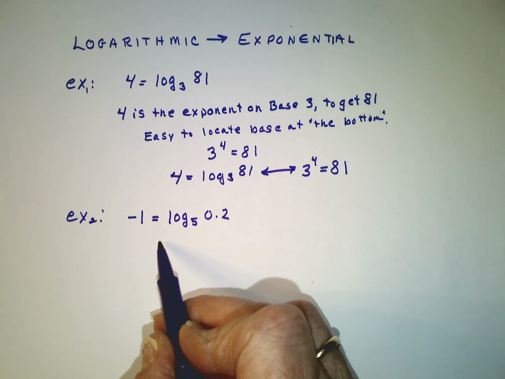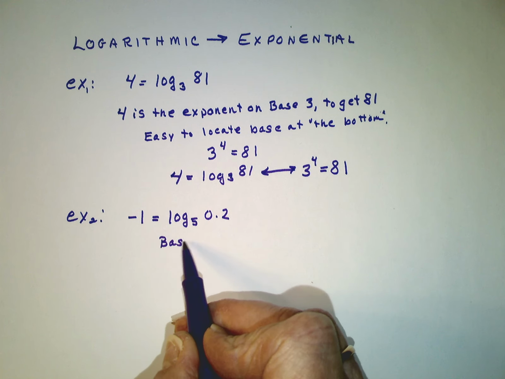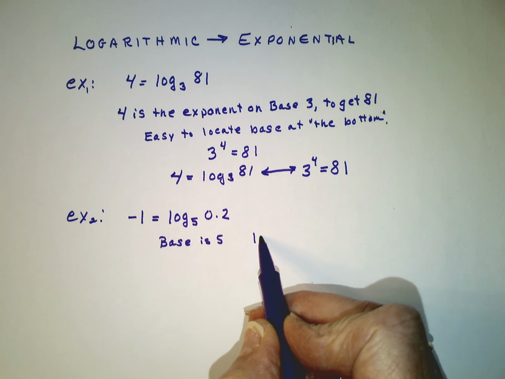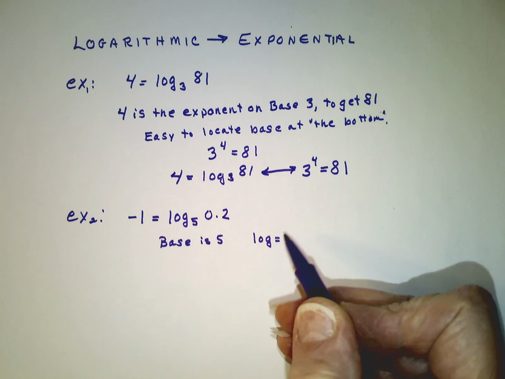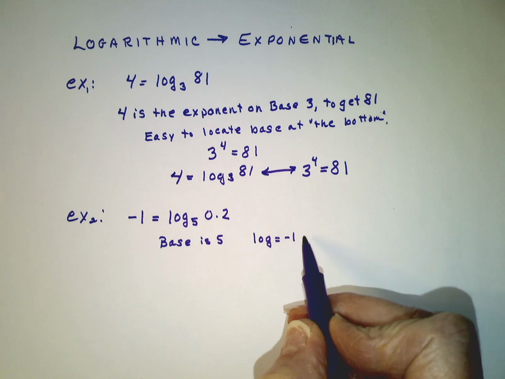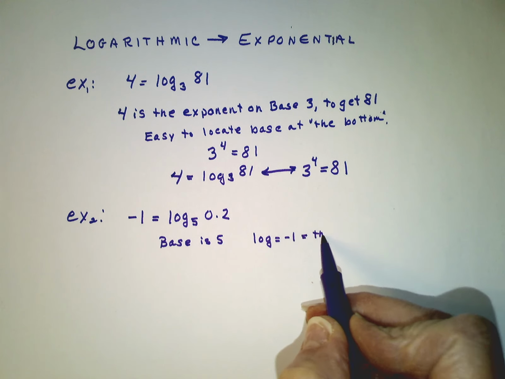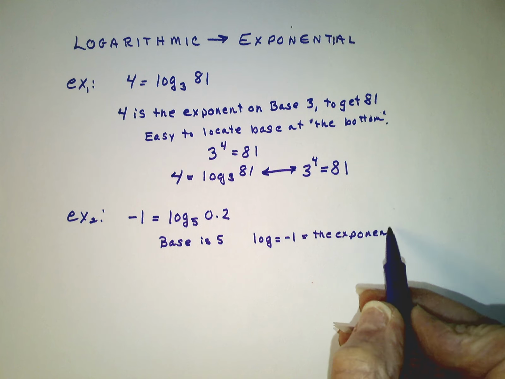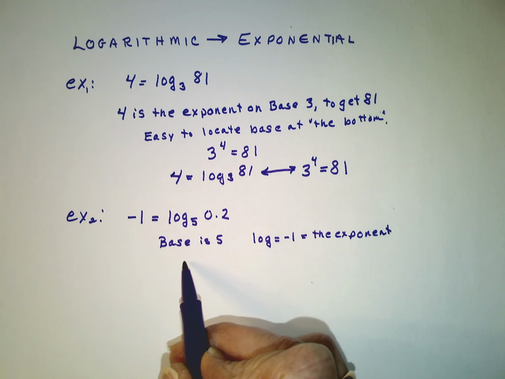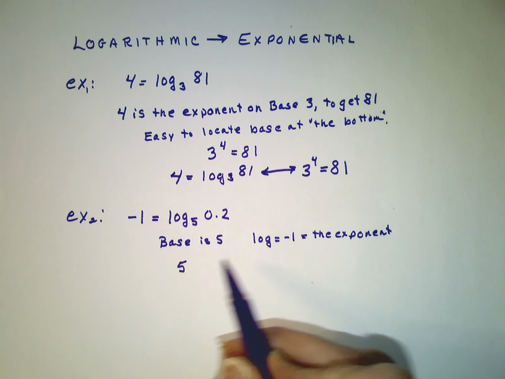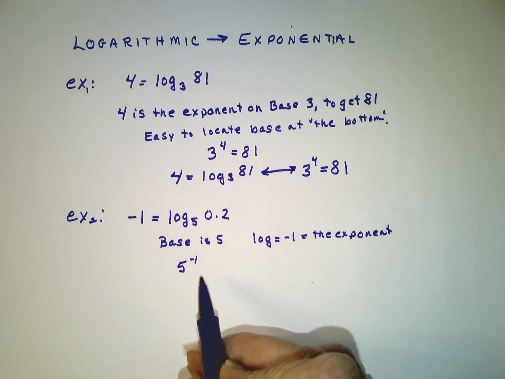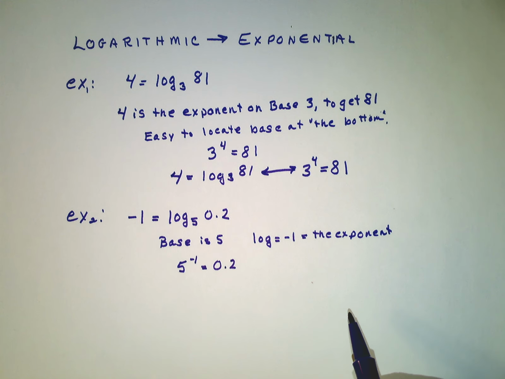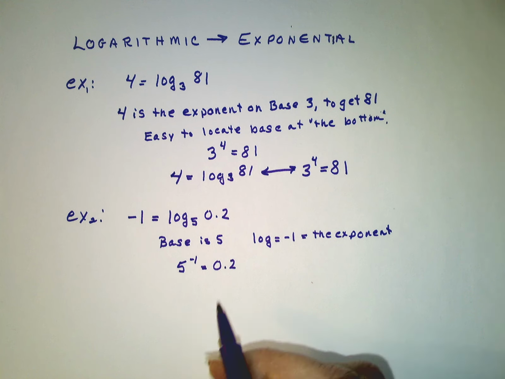The base is 5. So that means if the base is 5, the exponent is -1, and that must come out to 0.2. Which it does.